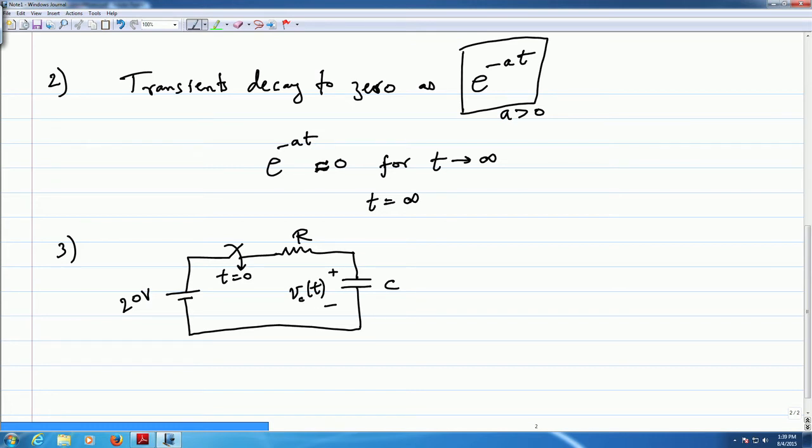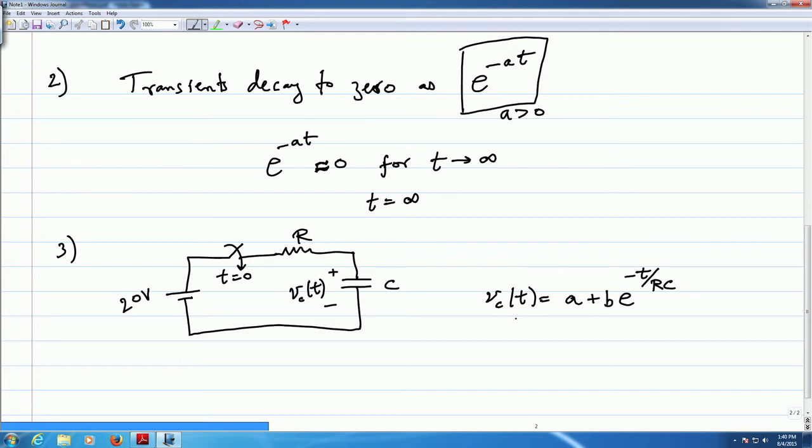So, this is a standard exercise in basic circuit theory, and we know that Vc of t is of this form, a plus b e power minus t by RC. I am not going to show the steps for showing this. You have to write a basic differential equation and solve an RC circuit.